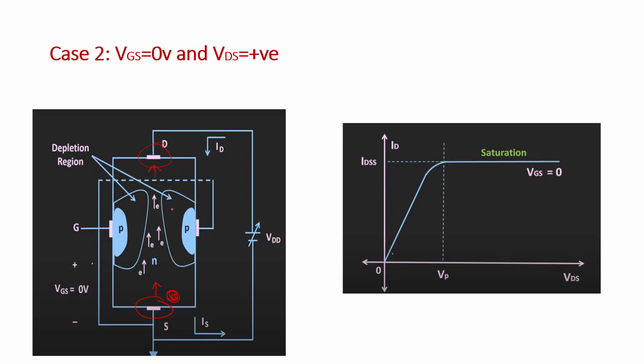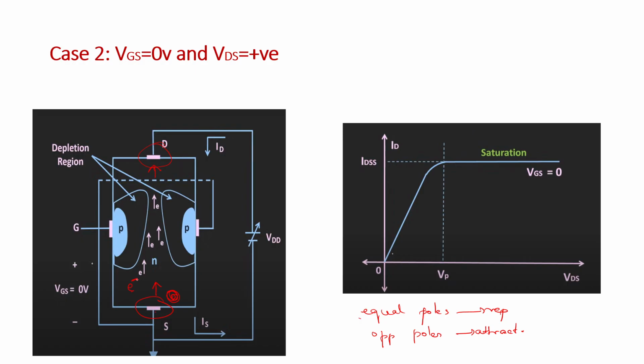So based on this concept, we know equal poles repel each other, opposite poles attract each other. So this we know. Based on this, we are going to connect it. Here the majority charge carriers are electrons, and electrons are negatively charged particles. So they are to be repelled by the source terminal.